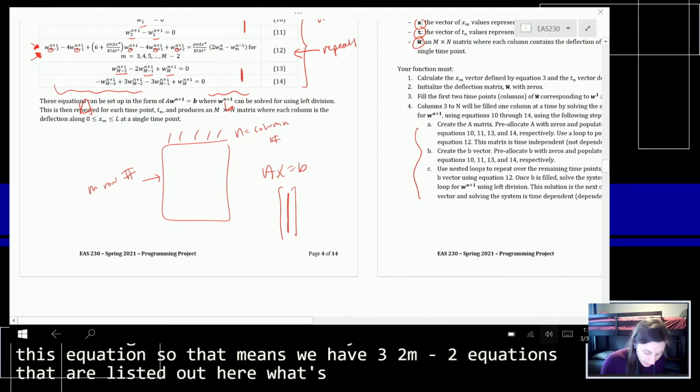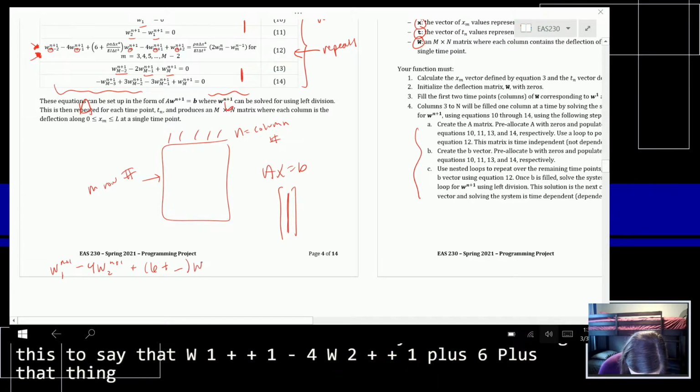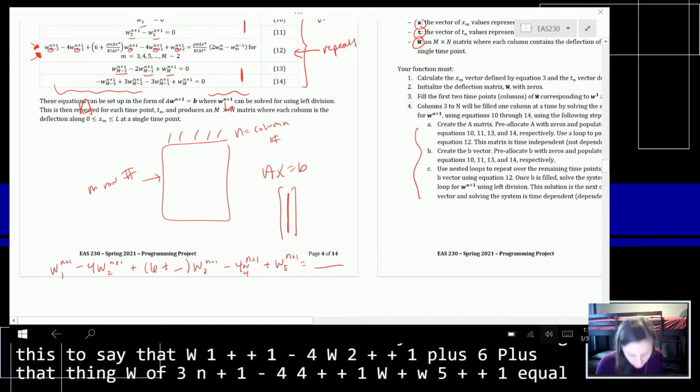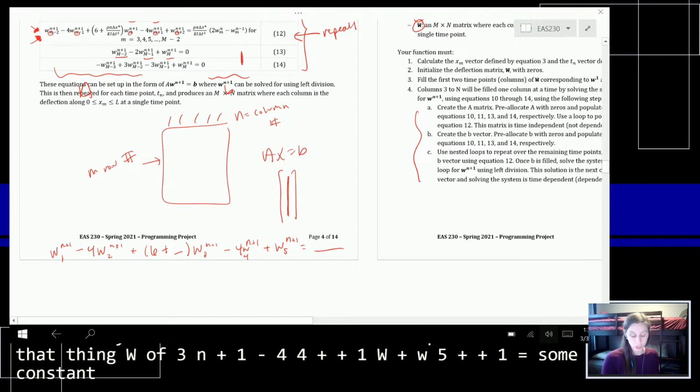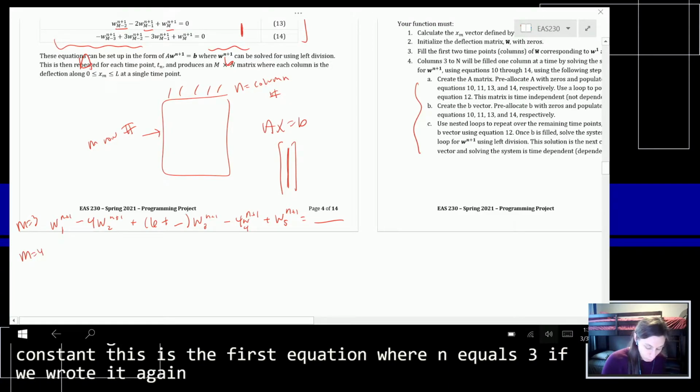So essentially we're rewriting this to say that w1^(n+1) minus 4 w2^(n+1) plus 6 w3^(n+1) minus 4 w4^(n+1) plus w5^(n+1) equals some constant. So this is the first equation where m equals 3. If we wrote it again with m equals 4, it would look different.